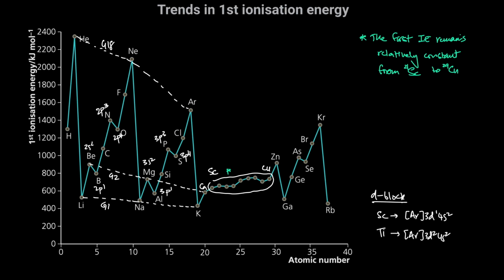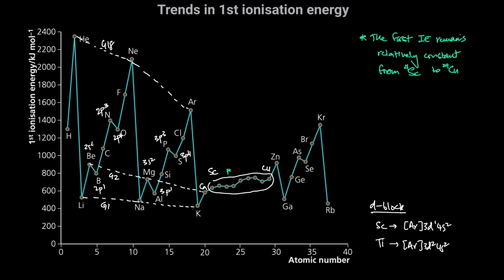So again, the idea over here is that across these elements, if you go from scandium to copper, you're increasing the number of electrons in the inner 3d subshell, or in the inner 3d orbitals. These are at lower energy than the 4s orbitals, but you're not increasing the number of shells. So what's happening is the nuclear charge is increasing.